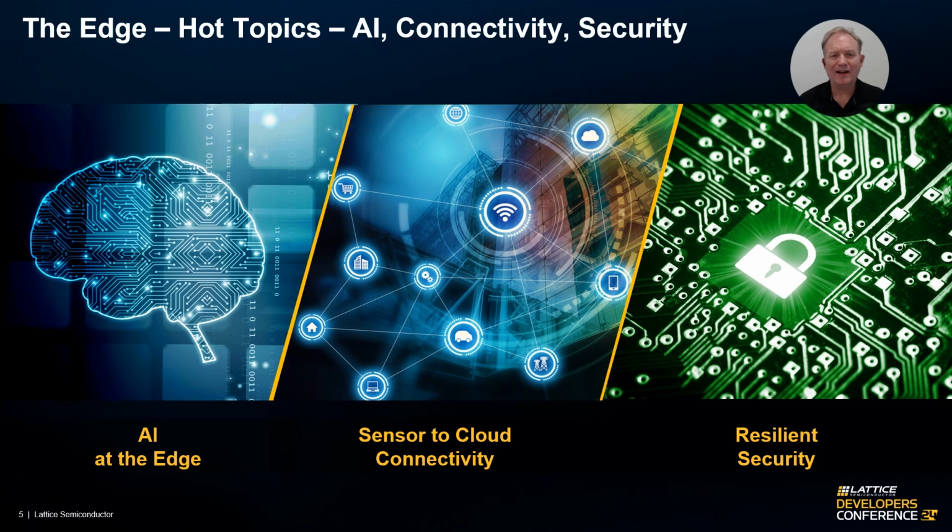There's how do we embed artificial intelligence at the edge. There's the area of how do we enhance the connectivity between the edge and the cloud. And then lastly, how do we make sure that the systems that we're deploying in this space have the resilient security that our users desire.